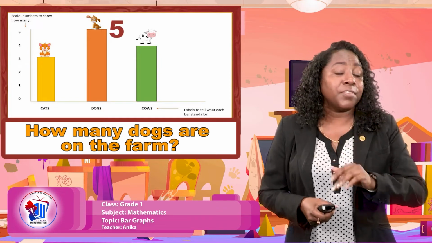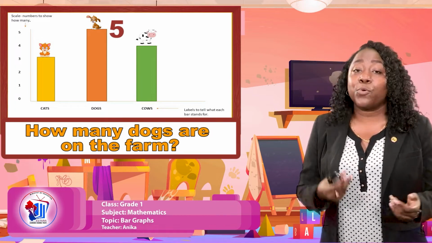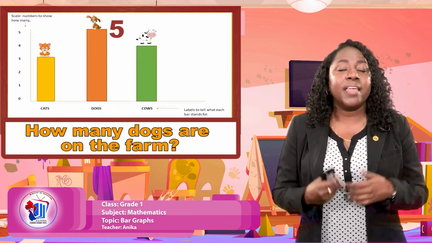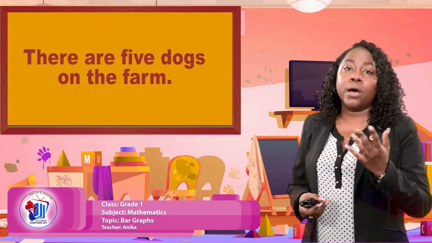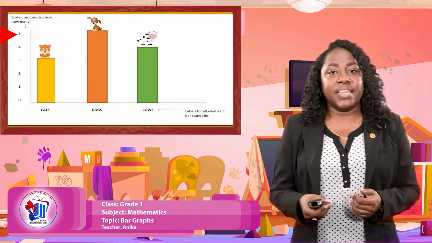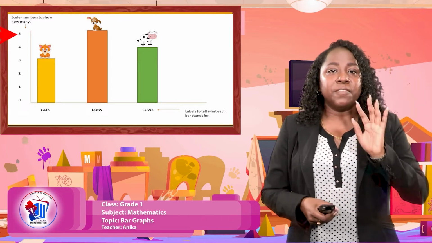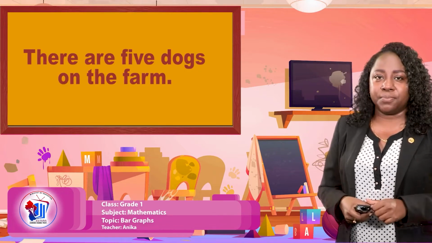If you said 5, then 5 is the correct answer. So we can say 5, we can say 5 dogs, but Teacher Nika likes when you say, there are 5 dogs on the farm. And if you look at the bar graph, you'll see straight across, it stops at the number 5. So there are 5 dogs on the farm.